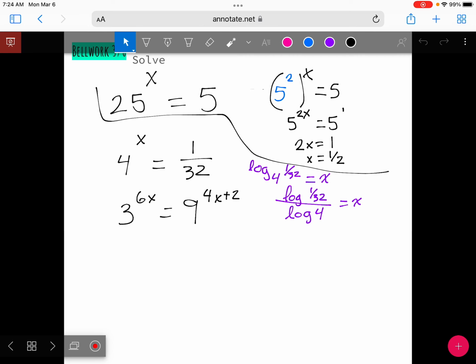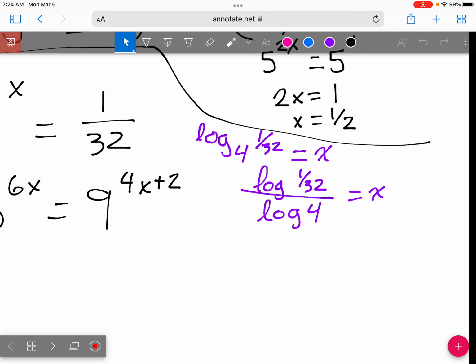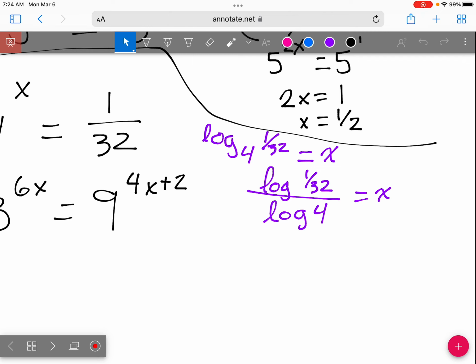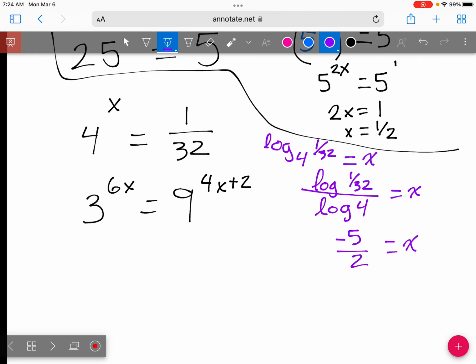If you type this in the calculator, you get negative 5 over 2 equals x. And if you go type it in on the original question, 4 to the power of negative 5 over 2, it will spit out 1 over 32.